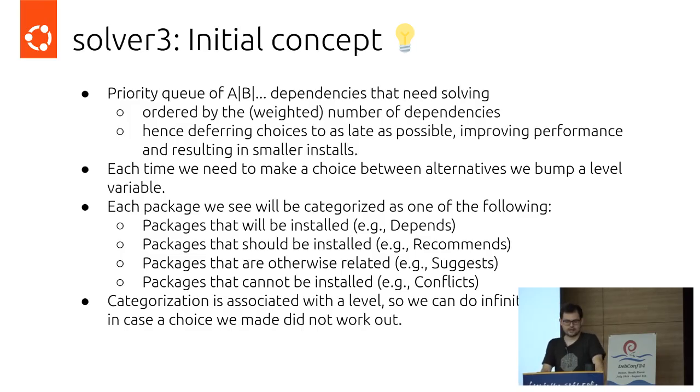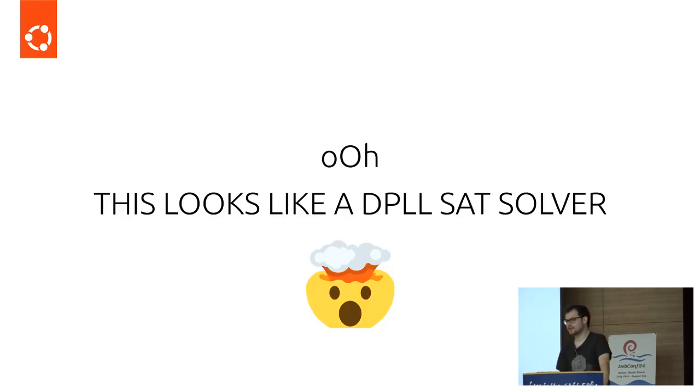Now, some of you might have noticed this actually does look like a SAT solver to some extent. It is not fully a DPLL SAT solver. It's more halfway between a naive solver and a DPLL solver.